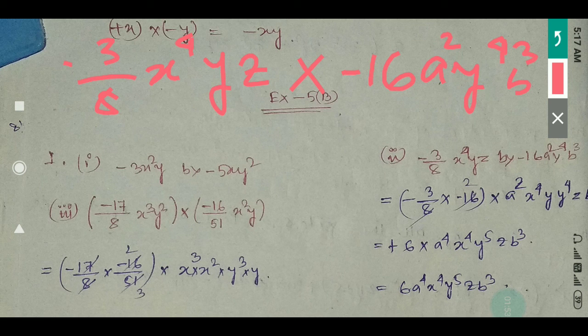This one is given. So whenever multiplication is given, the first thing you have to do is the multiplication of the constant factors. First you have to multiply the constant factors.